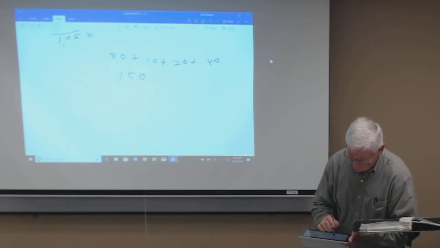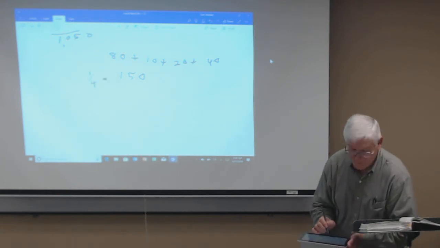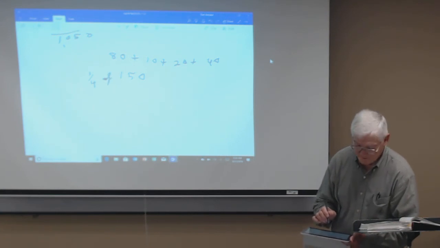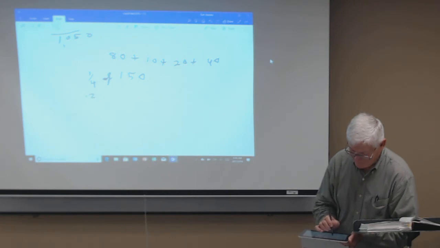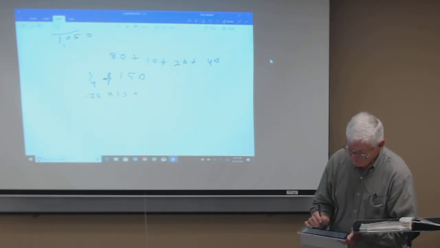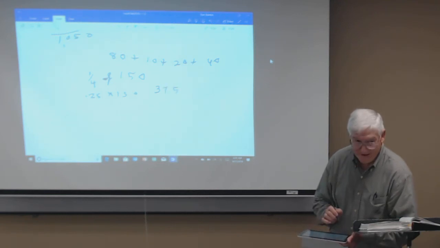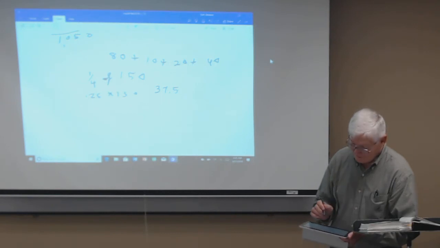I take 1/4 of that to find out how many loaves I need, right? 0.25 times the 150 is what? 37.5. So I better buy 38 loaves of bread, huh?